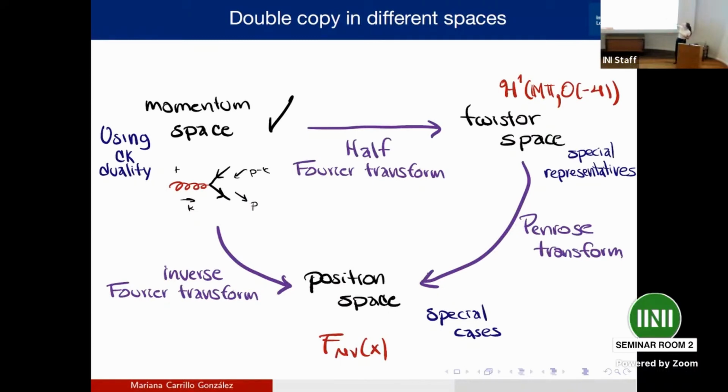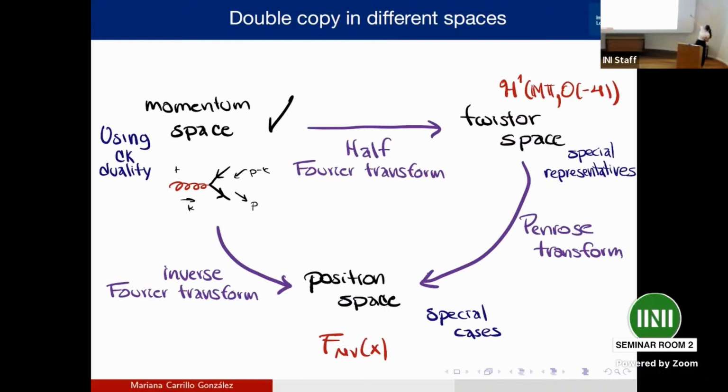In the same way, you can do a half Fourier transform and now go to Twistor space and get some cohomology class representatives related to the amplitudes that will also square. But more generically, we also see that in Twistor space, the double copy relationship is more clear and is satisfied for certain kind of representatives of these cohomology classes.